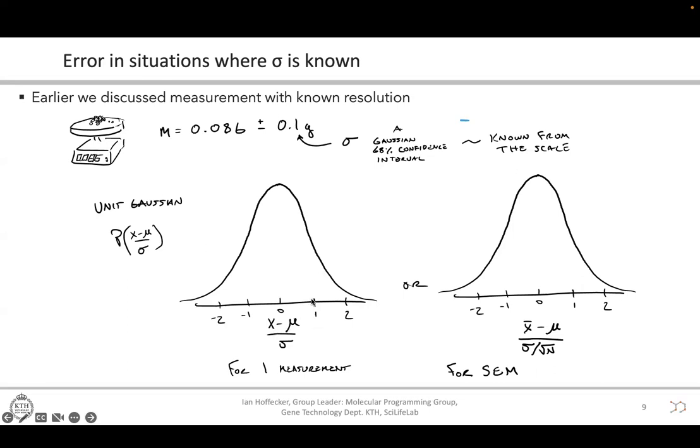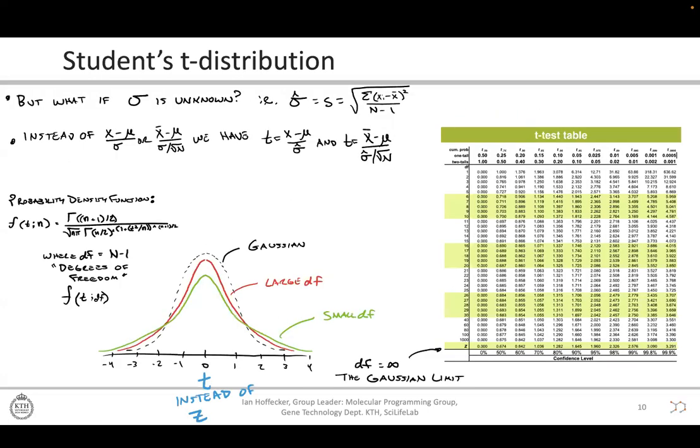So if Z was 1, then it means we're within 1 standard deviation of the mean. If it's -2, then we're 2 standard deviations to the left of the mean. And that was for one measurement, but then we have a corresponding one for multiple measurements with the SEM, and it's basically the same thing, except instead of X, we have Z defined in terms of X bar, the sample mean. Okay, so that's all fine.